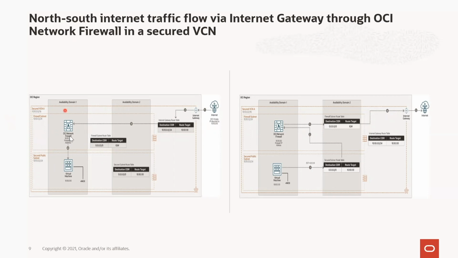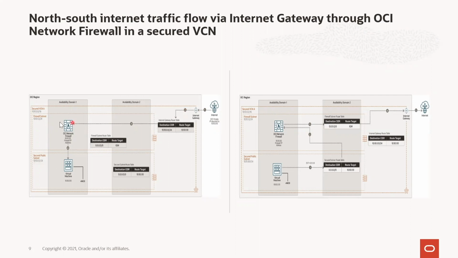So here my OCI network firewall is protecting the traffic for my application or my virtual machine, which is in my public subnet. The incoming traffic from the internet will hit the internet gateway. From the internet gateway, we have a route to go to my firewall for anything coming for 10.10.0.0/24.